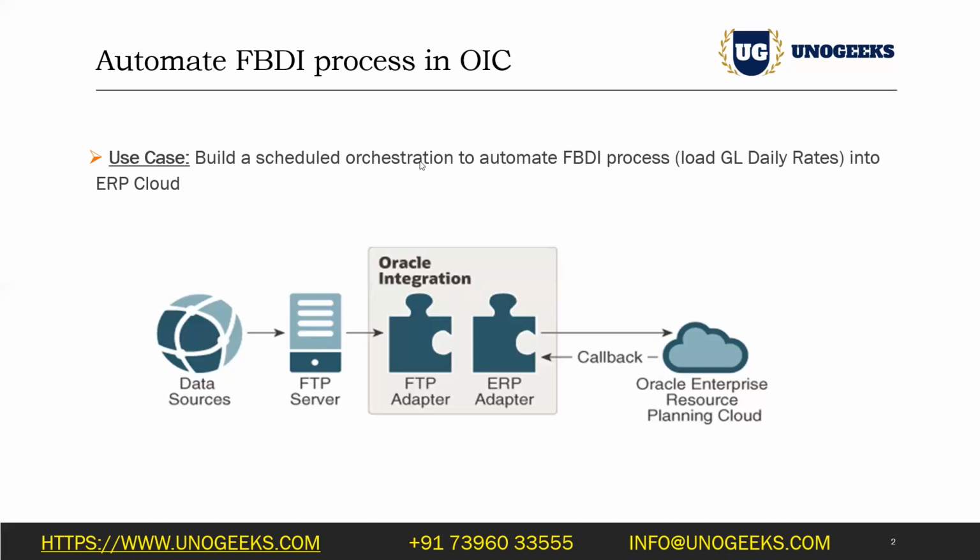We're going to build a scheduled orchestration and schedule it to run at 3:30 or 4:30, maybe with some buffer time after the data source places the file. From that scheduled orchestration, we're going to read the file from SFTP first using the FTP adapter, and then we use the ERP Cloud adapter to kick off the bulk import in ERP Cloud.